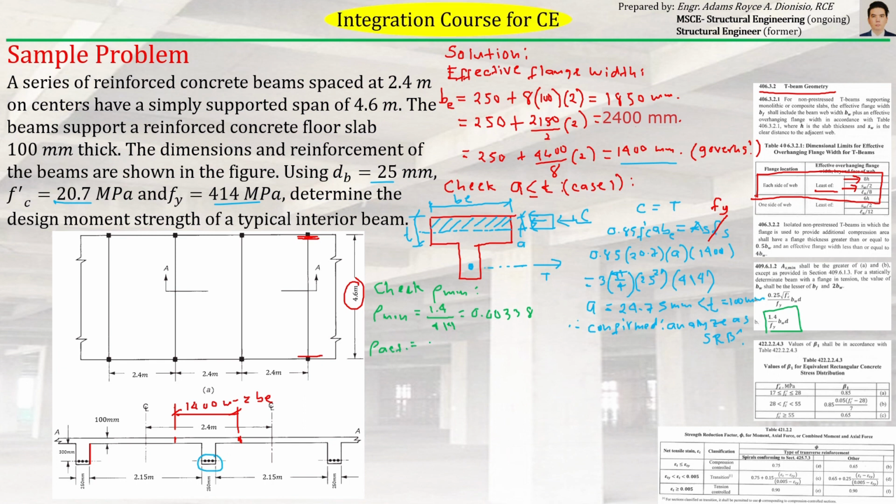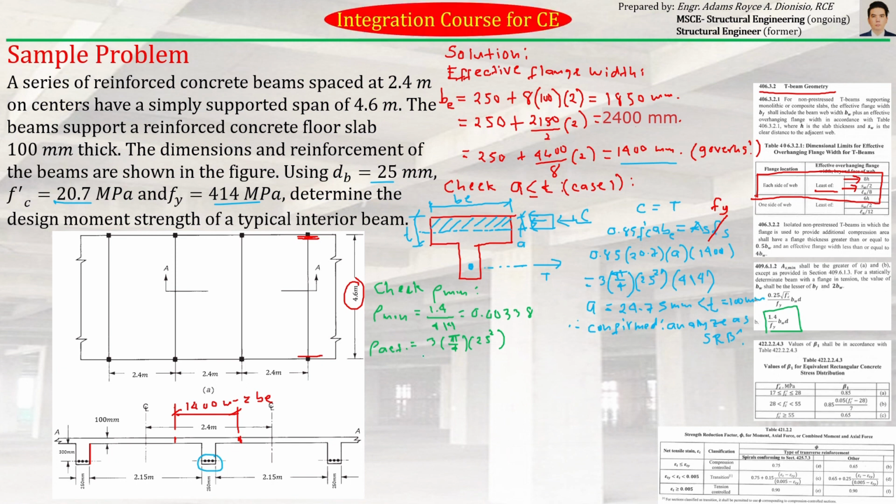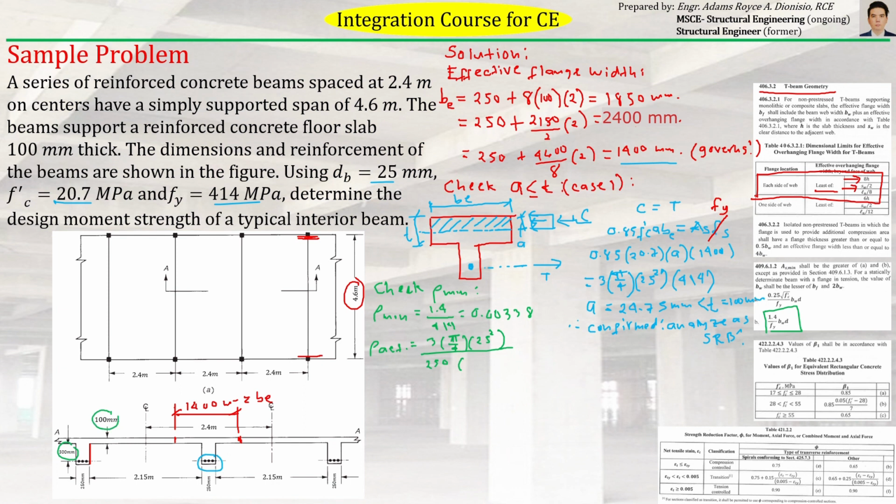Ang AS natin ay 3 pi over 4 diameter squared, divided by B na 250 times D. Take note, ang D natin is actually 300 plus 100. Kasi ang D natin dapat mula dito sa centroid ng tensile reinforcement hanggang dito sa top dapat. Yan ang D natin. Okay? So, ang D natin will be 300 plus 100 or 400.